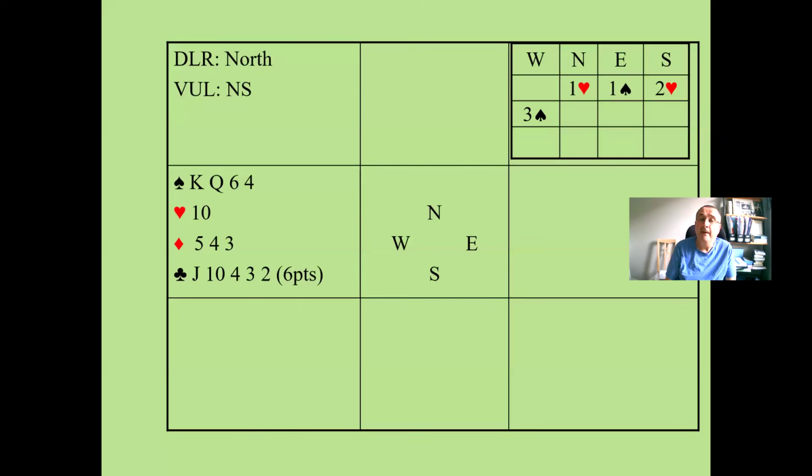The other thing about making this jump bid here is you should be thinking about the vulnerability as well. And you should be more reluctant to make that bid of 3 spades if you were vulnerable. Here I put the vulnerability as north-south vulnerable.